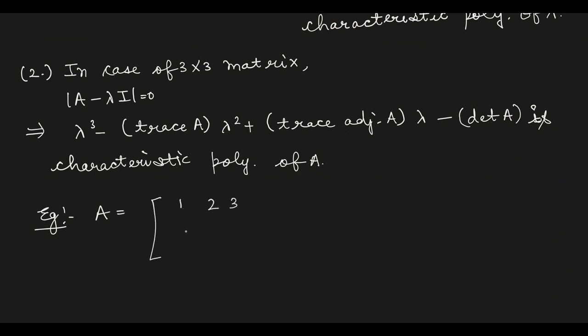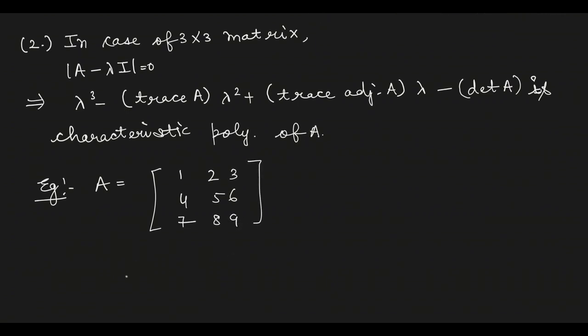For example, 1, 2, 3, 4, 5, 6, 7, 8, 9. So I need to find the characteristic polynomial of A: x cube minus trace of A. What is trace of A? Sum of diagonal entries. 1 plus 5 plus 9, 15.